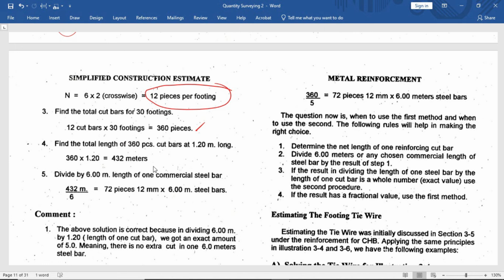So, try natin 6 meters divided by 1.2 is equal to 5. So, whole number yung commercial length divided by the cut length. So, pwede natin gamitin yung solution number 2 natin. So, direct na tayo dun sa 360 times 1.2. So, ang length natin is 432 meters.